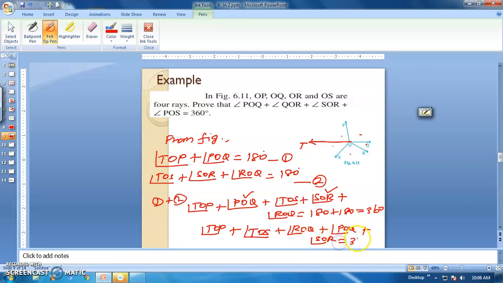Actually I rearranged this value here. So TOP is this one, TOS is this one, and ROQ is this one. Okay, let us continue in the next slide.